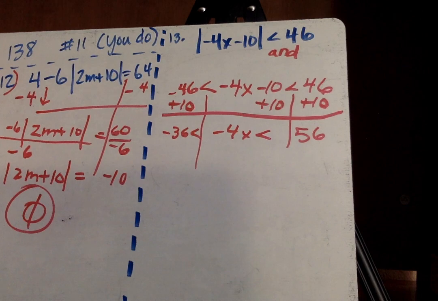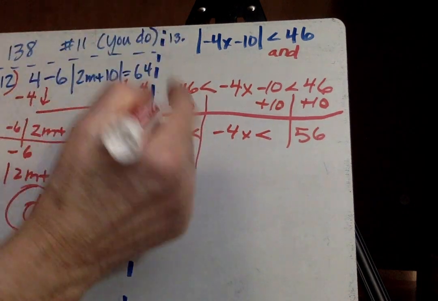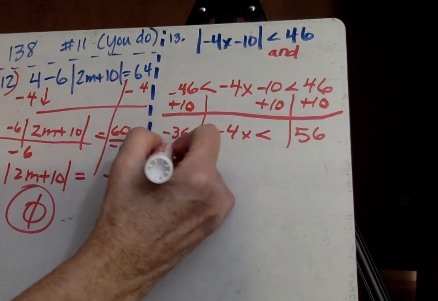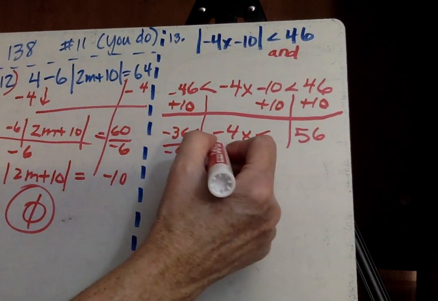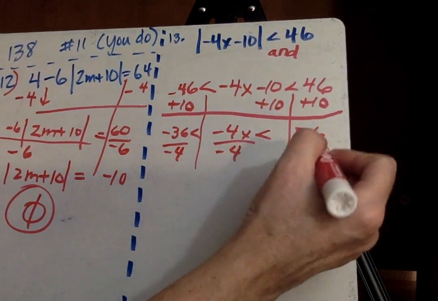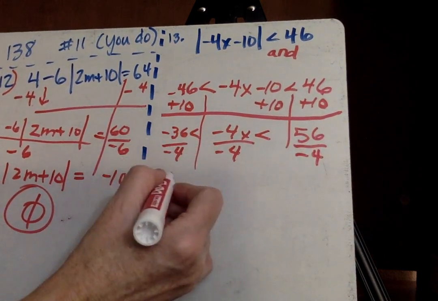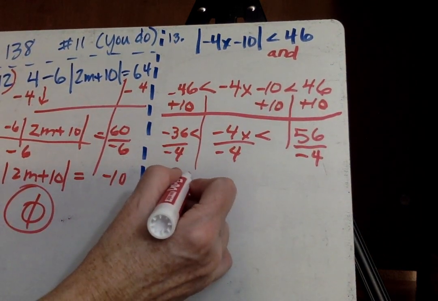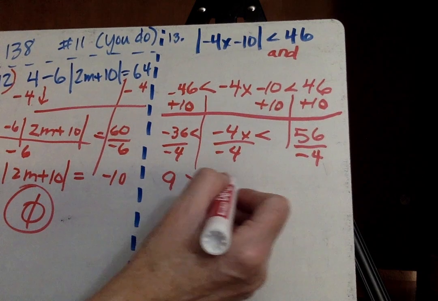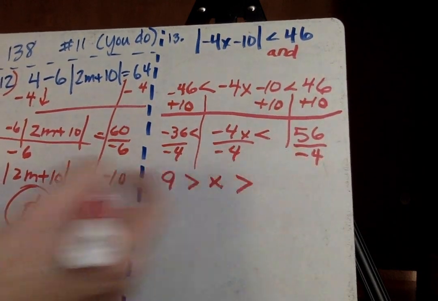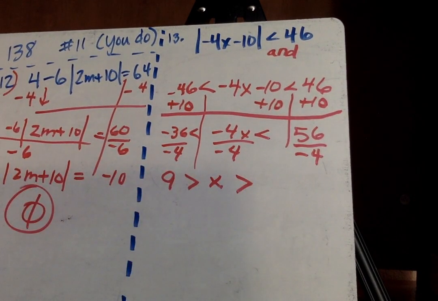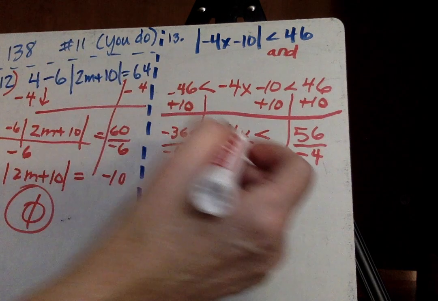Then I have to divide by a negative. What do you need to remember about dividing by a negative? That's correct. You've got to switch the signs. So this is 9. Going to change this to greater than, x greater than, and 56 divided by negative 4 is negative 14.